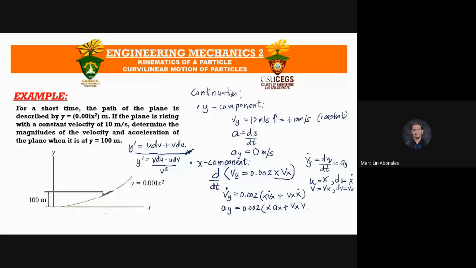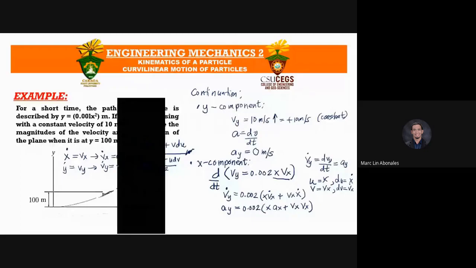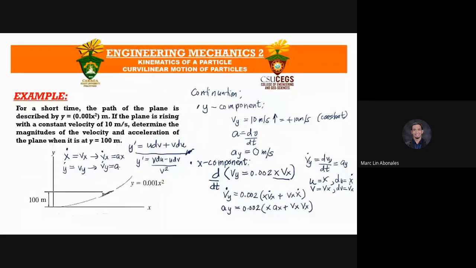Just take note, x dot is equal to Vx, y dot is equal to Vy. Then if you derive each component of velocity, Vx dot is equal to Ax and Vy dot is equal to Ay.